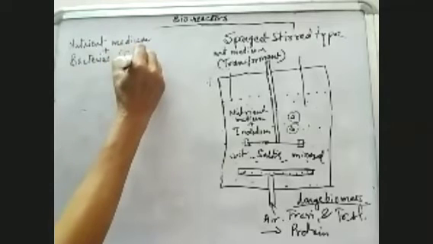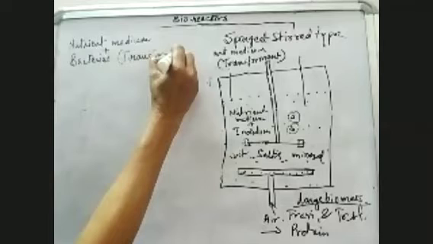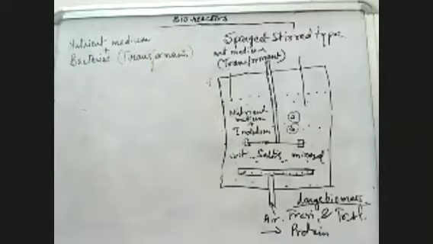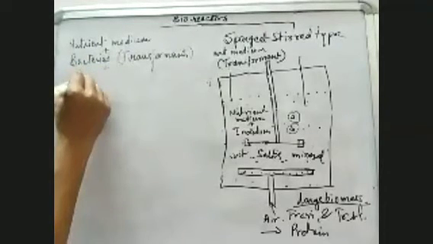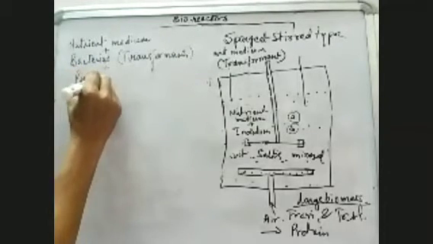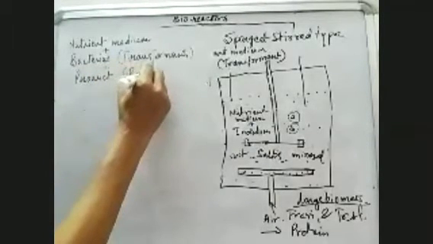Why transformants? Because they have the desired gene, the recombinant DNA in them, so we call them transformants. And along with this, we have the product which is formed, which is mostly a protein.